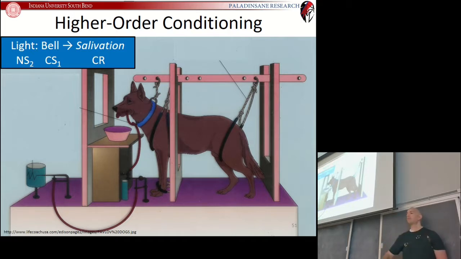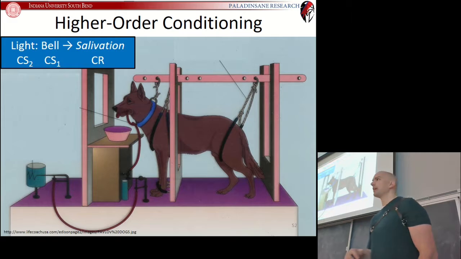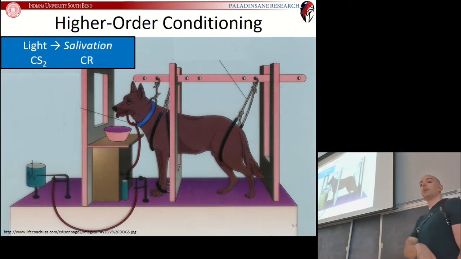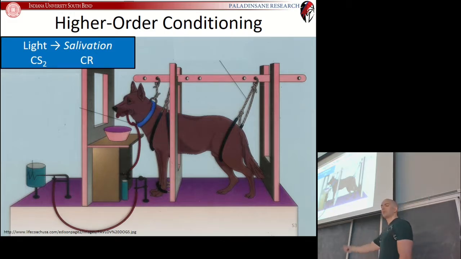So it was never paired with the unconditioned stimulus, but by pairing it with this bell, which we changed into a conditioned stimulus, through this process of higher order conditioning, we can change that light from a neutral stimulus into a conditioned stimulus, which now on its own, we know it's a conditioned stimulus because it will now cause the conditioned response of salivation.